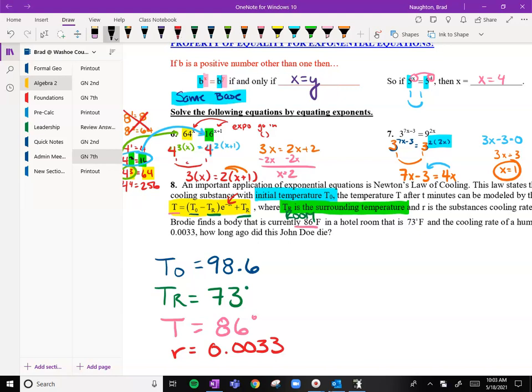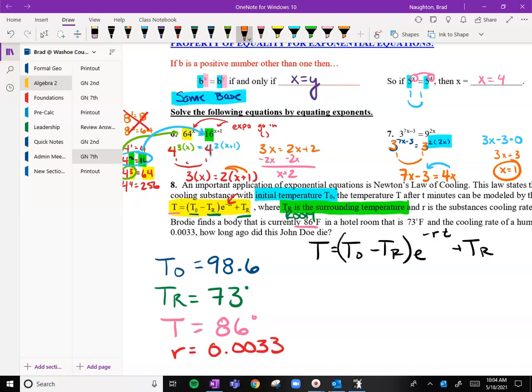So let's write our formula. So the temperature currently is the initial temperature minus the temperature of the room, times e, as in 2.718, to the negative rt, rate times time, plus the temperature of our room.